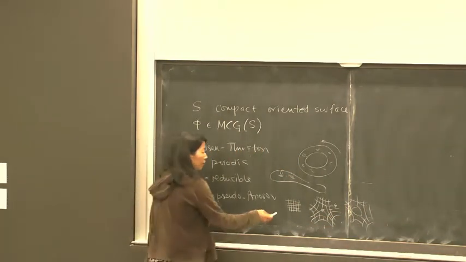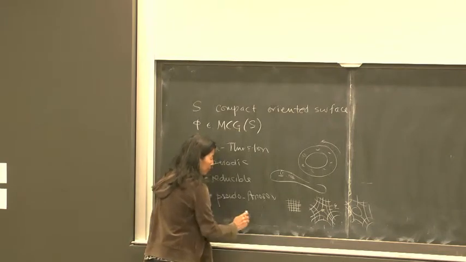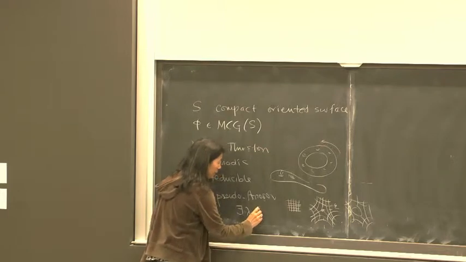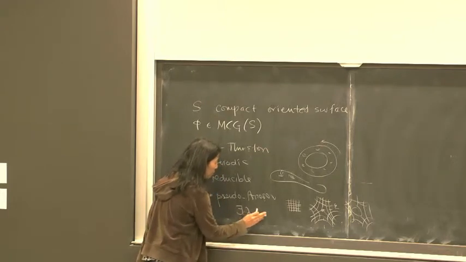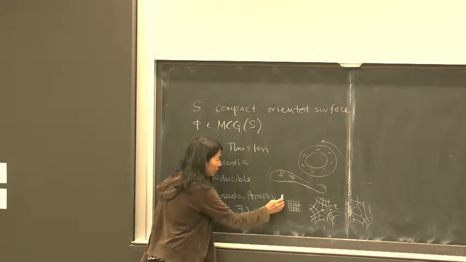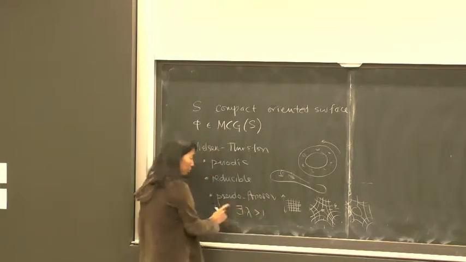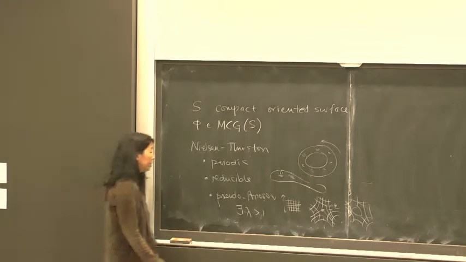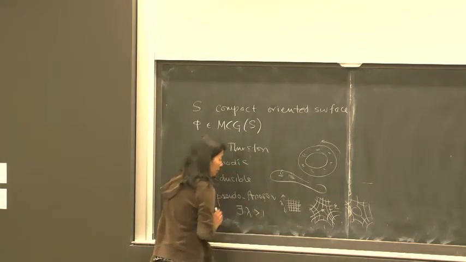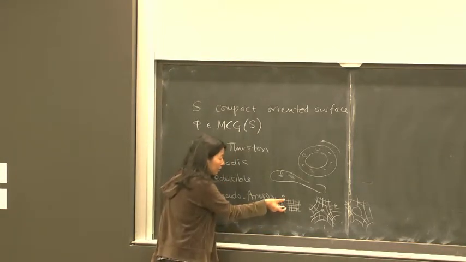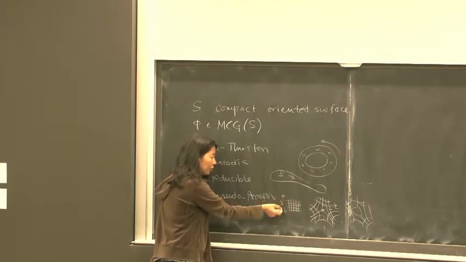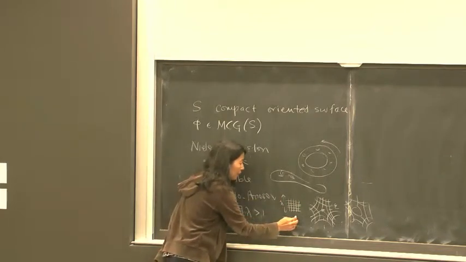And then there is a lambda called the dilatation, and it's a number bigger than 1, so that these foliations are phi invariant, and they have transverse measures, and phi stretches in one direction by lambda, and in the other direction by 1 over lambda.